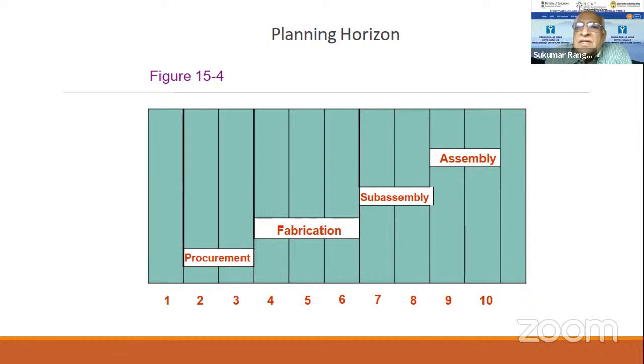Now, you cannot shorten this because each process happens only after the previous one is finished. So this is the minimum time that is needed. No, you cannot say that I can do it in 2 days. It's not possible. So that is the concept of a lead time.